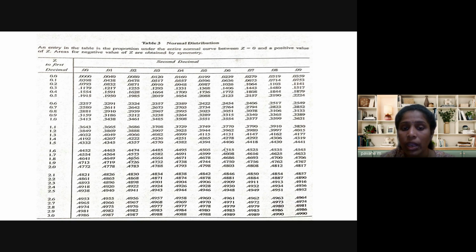You have to see which value corresponds to 0.49. The value 0.4901 corresponds to 2.33.